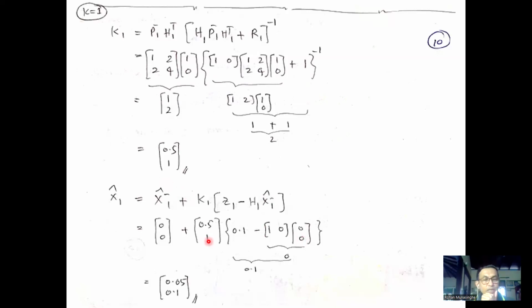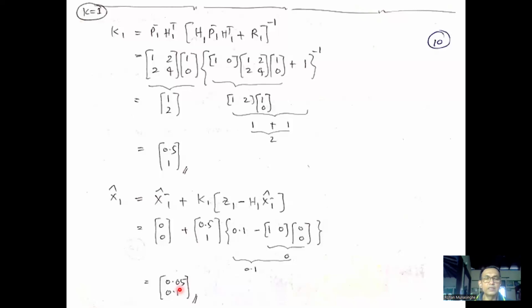Kalman gain has already been calculated. Now the answer is 0.05, 0.1. This is the position, this is the velocity. So the filter estimates position as 0.05.